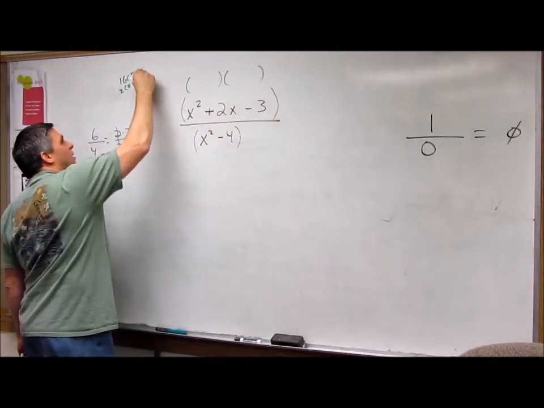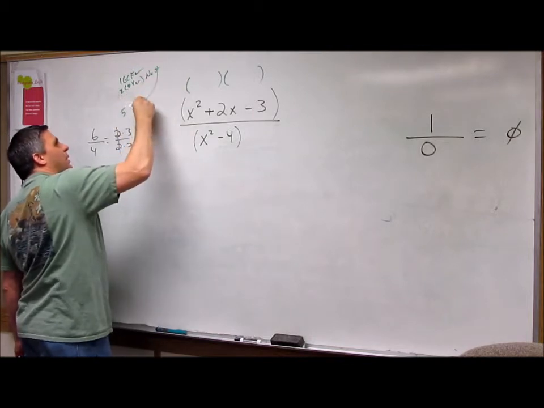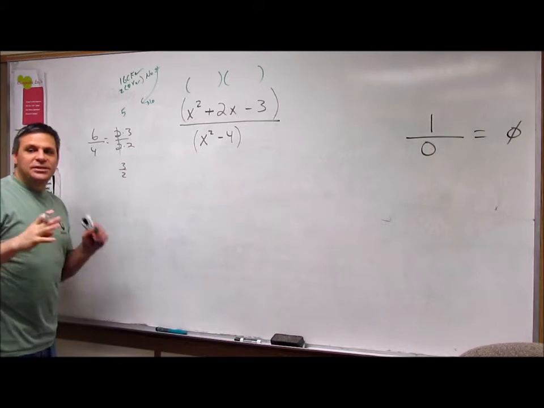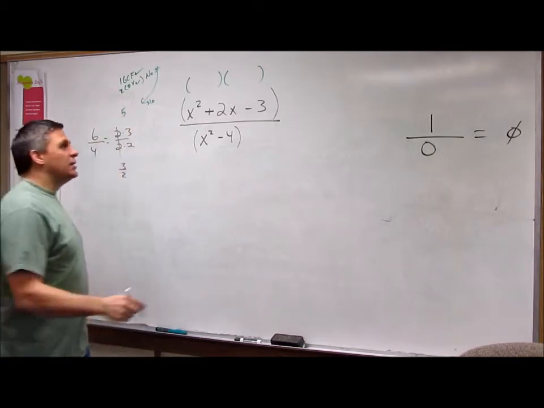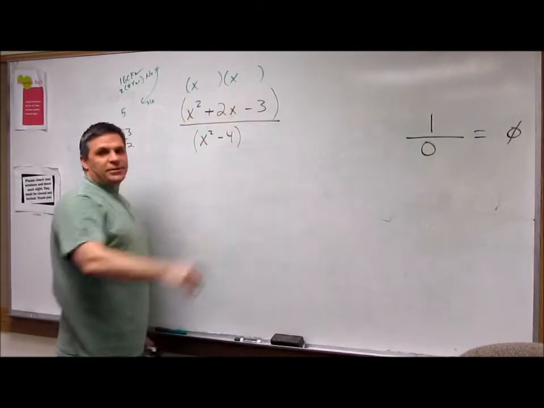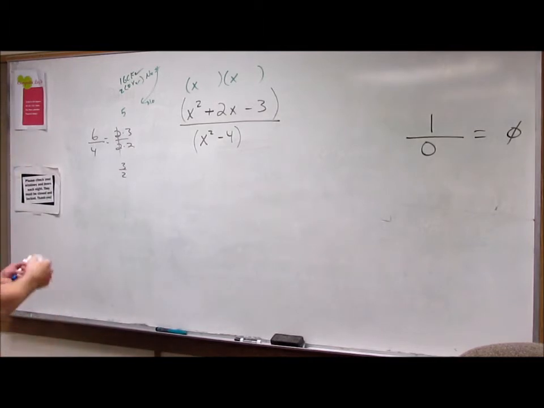There's no star, which means there's no 5th step. So now we just have to worry about 3 steps: 2, 3, and 4. So we got our variable, we have our parentheses. Pretty simple, straightforward.